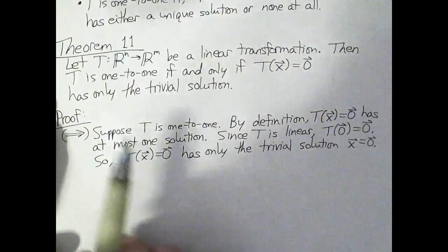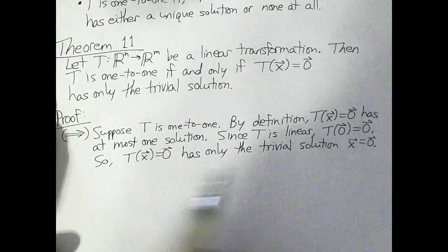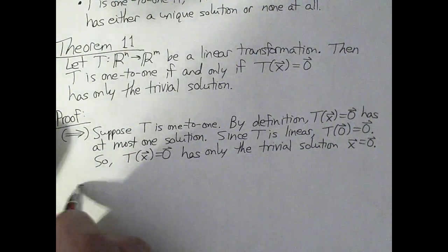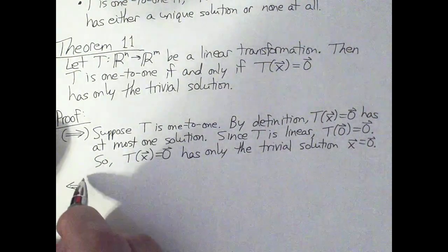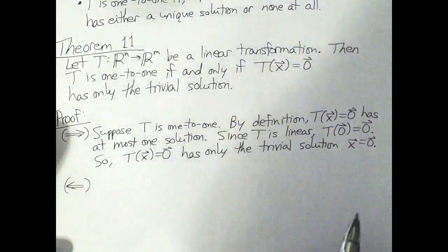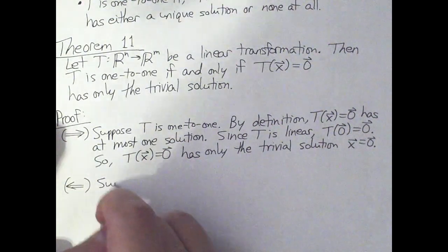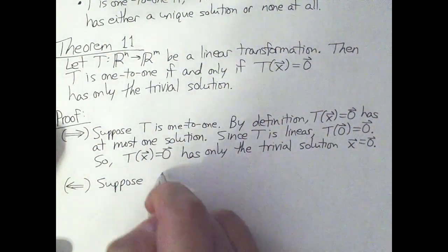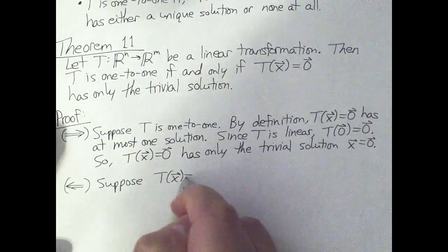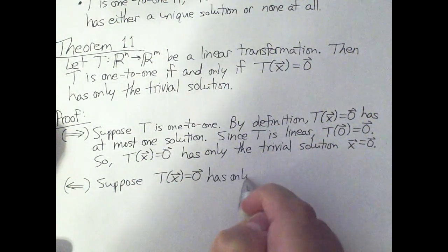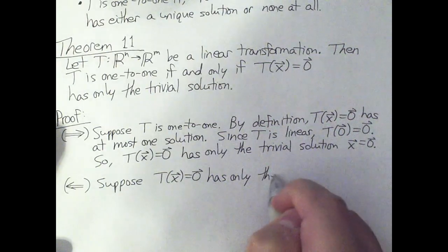There can be at most one solution. There is this solution. Therefore, it's the only one. Let's prove the other direction. So the other direction means that we are going to suppose that T of x equals 0 has only the trivial solution.